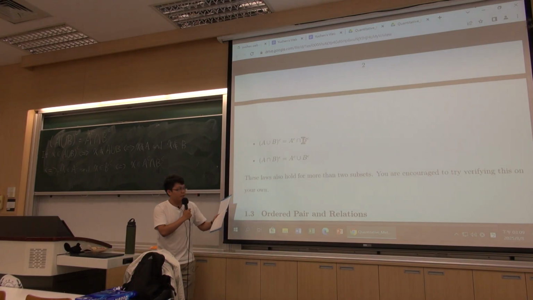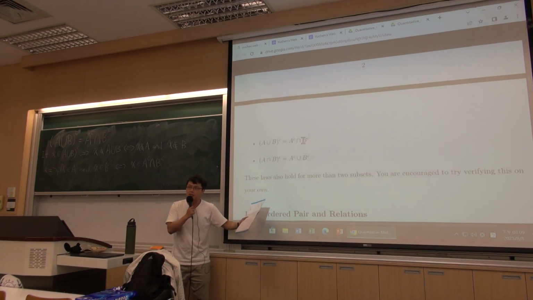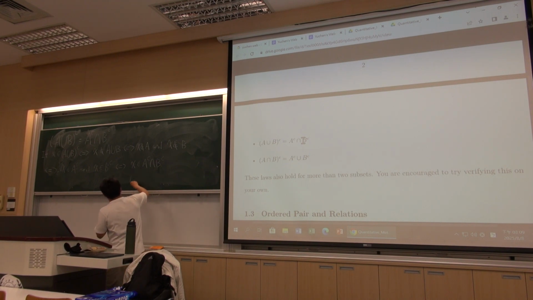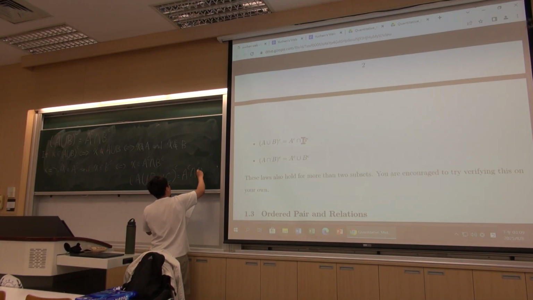And also you can add more subsets, for example, now we want to know whether the union of A, B, and C holds like this one.